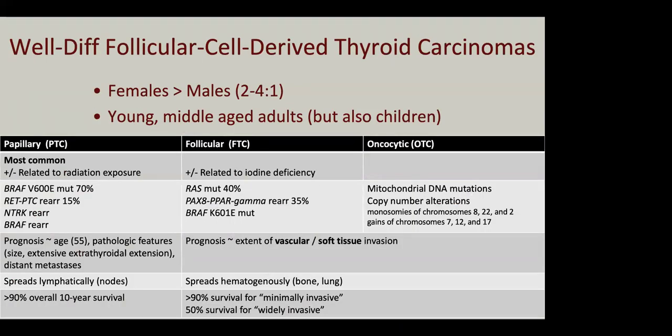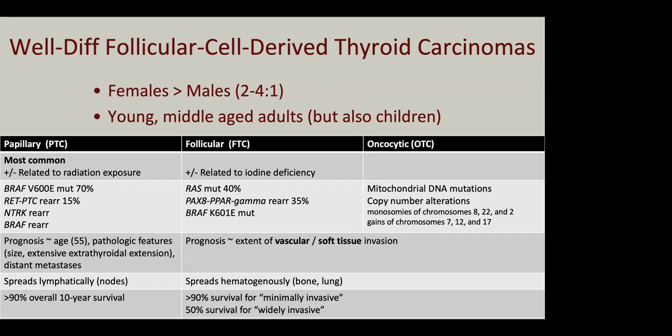When we move into the carcinomas, we will start with the well-differentiated follicular cell-derived thyroid carcinomas, of which the types are papillary, follicular, and oncocytic. Oncocytic, formerly known as Hürthle cell, but we now know that Hürthle probably did not even describe oncocytes, so his name has been removed.